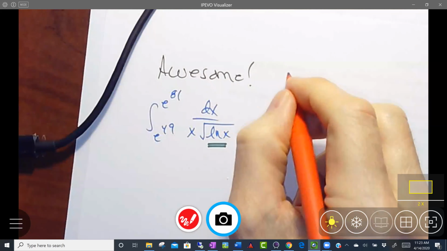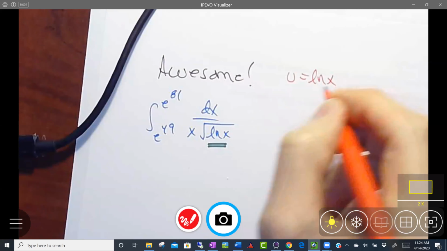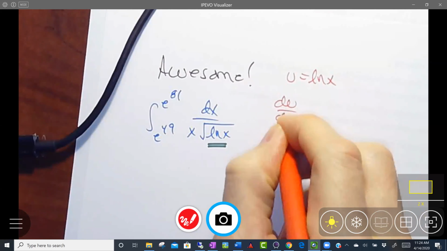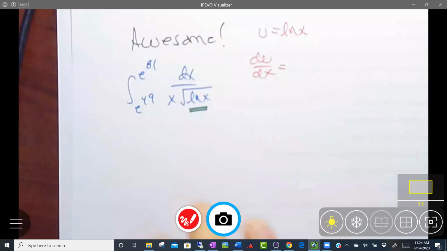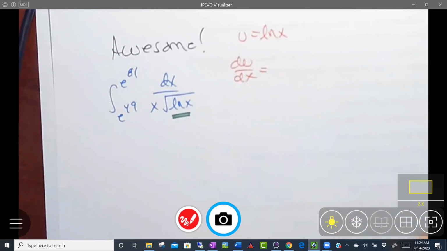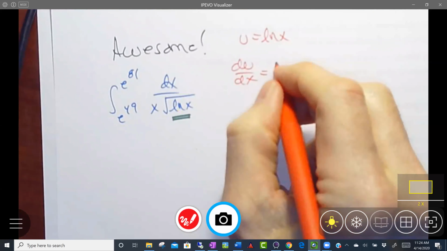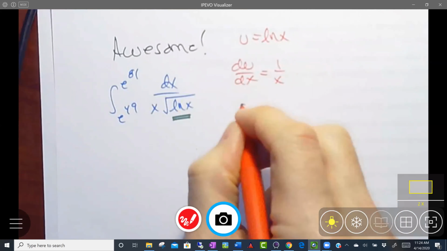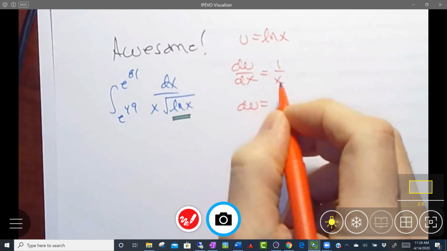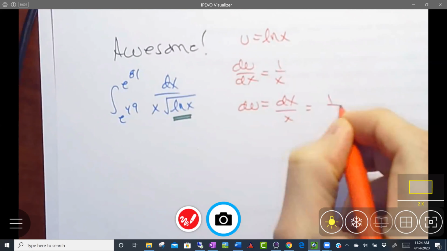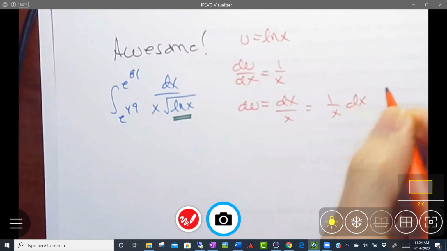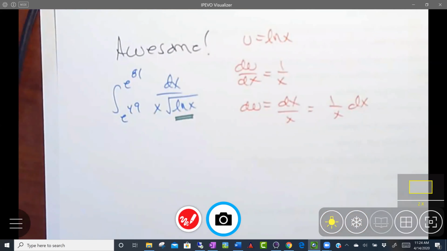If I let u equal ln of x, what is du/dx going to equal? 1 over x. Good. Then du is dx over x, or 1 over x times dx. And the good news is that we've got both of those terms here already.